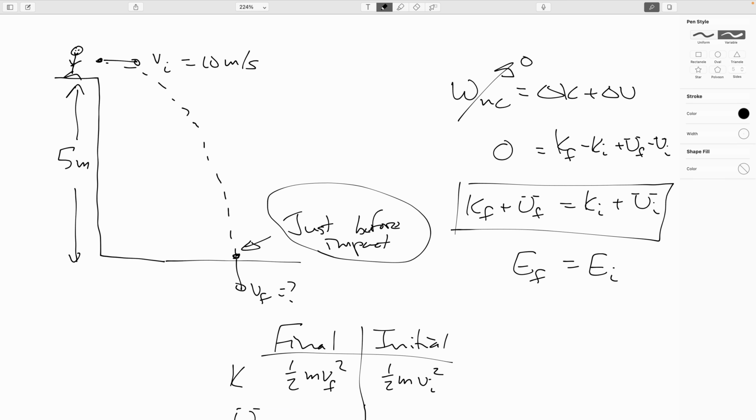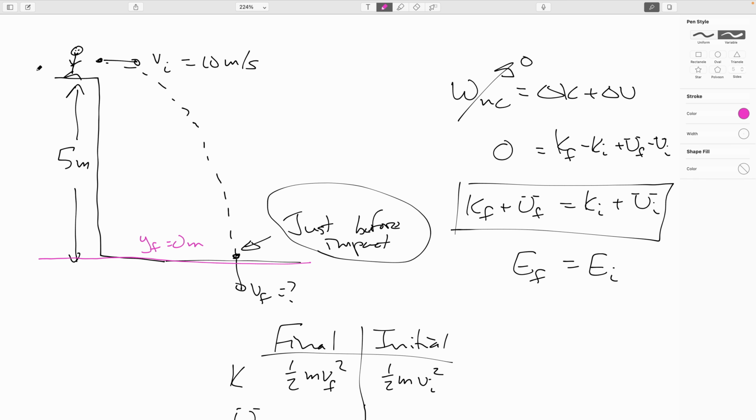We are free to choose where to put our coordinates. We could make them literally anything we want. But I think what will be most helpful here is if we decide that y final equals 0 meters. By doing that, that will make the gravitational potential energy at the end 0.